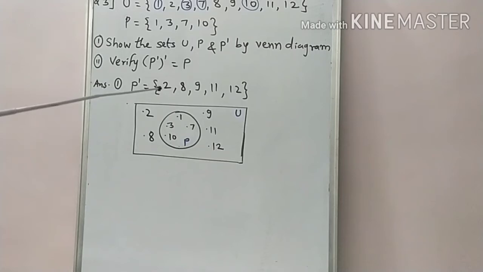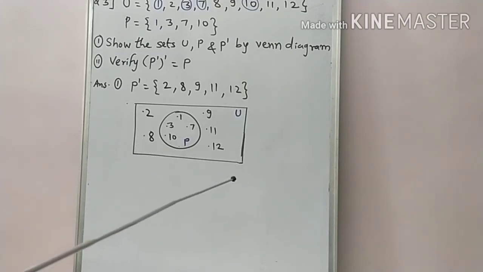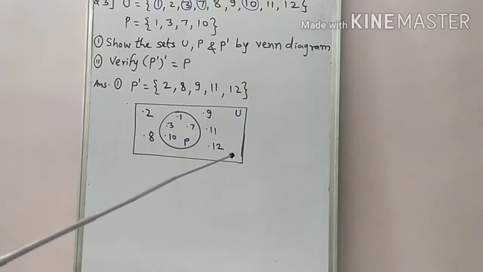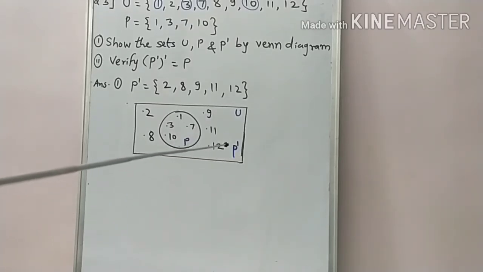Yes, as you notice here, P dash has the elements 2, 8, 9, 11, 12 which are outside the circle, and hence we do not draw any closed figure for complement of P. We just write the notation for complement of P over here like this. Okay students, so here we represent U, P and P dash by Venn diagram.